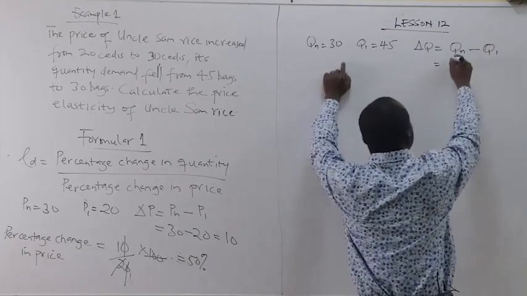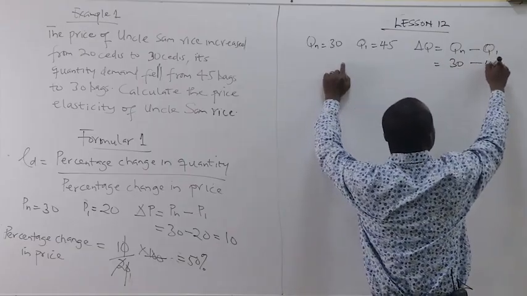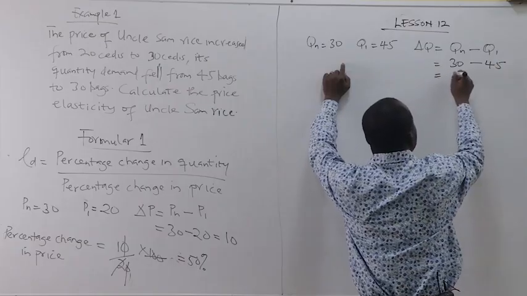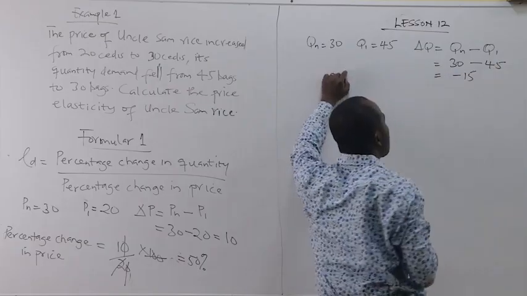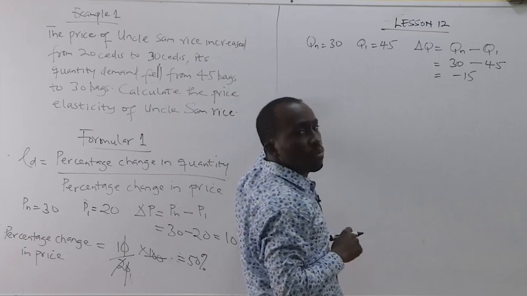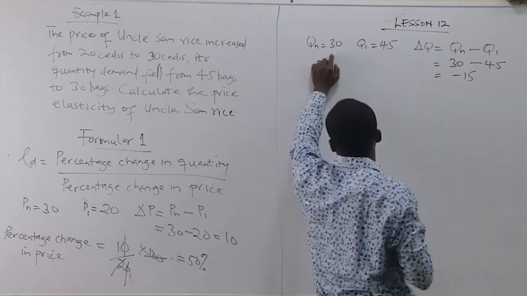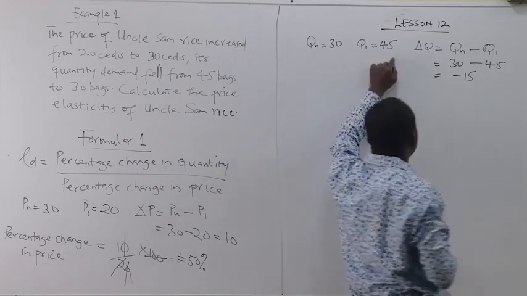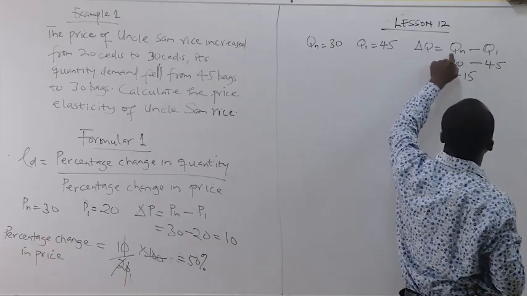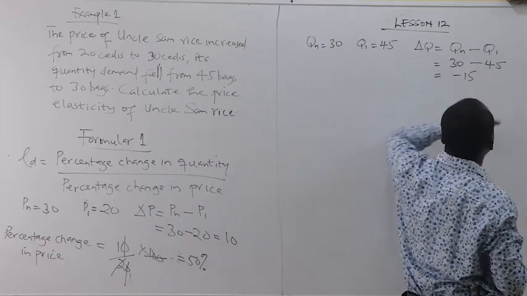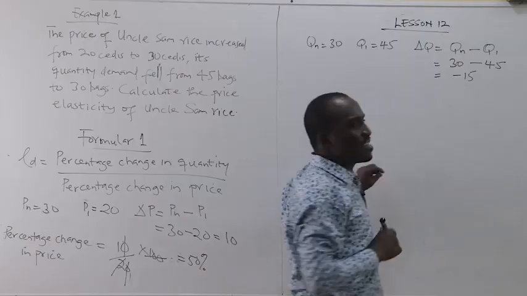What's the new one? 30. What's the initial one? 45. What do you get? Negative 15. So the new quantity is 30. The initial quantity is 45. So what's the change in quantity? Change in quantity is the new quantity minus the initial quantity. That's 30 minus 45. That's the change.